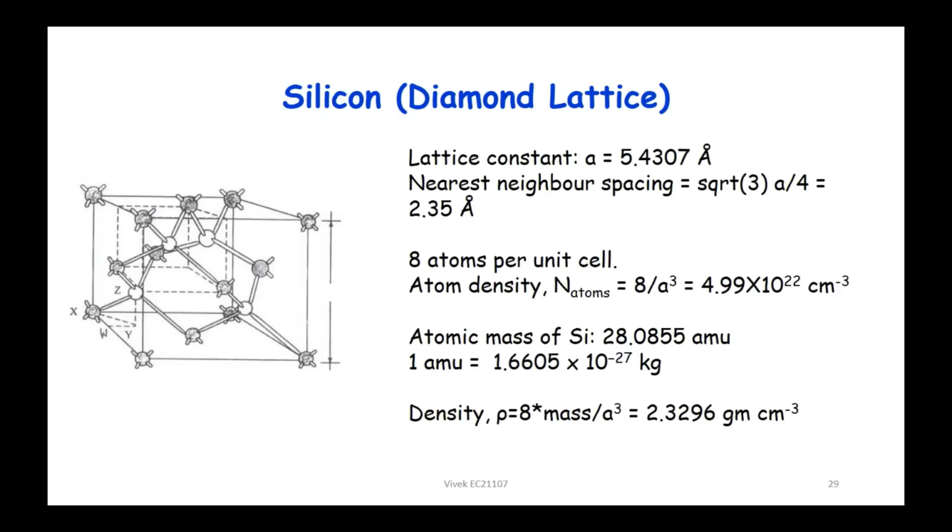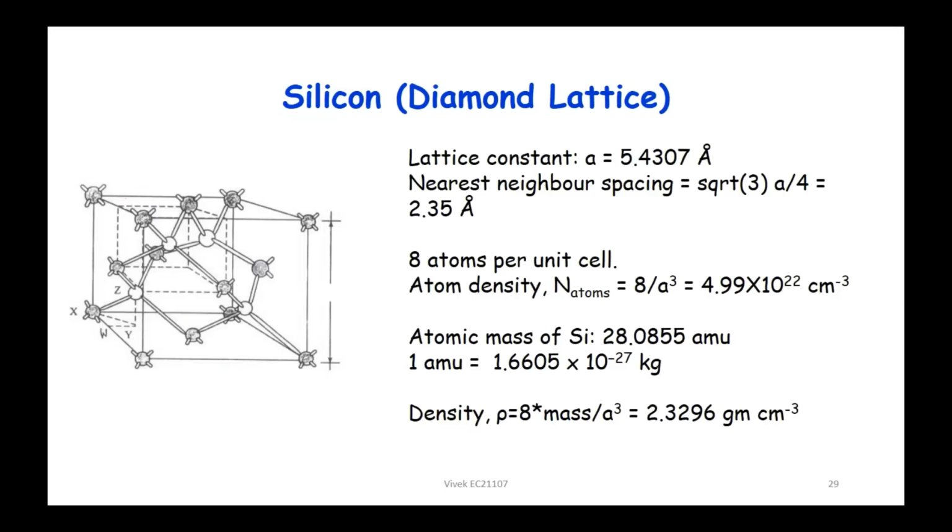So that is 10 raised to power 12 order of magnitude less than the atom density. So that means out of 10 raised to 12 atoms, only one atom is contributing an electron. So that is much less. That's why conductivity is less. However, this conductivity can be improved by a technique called doping, which we will discuss.